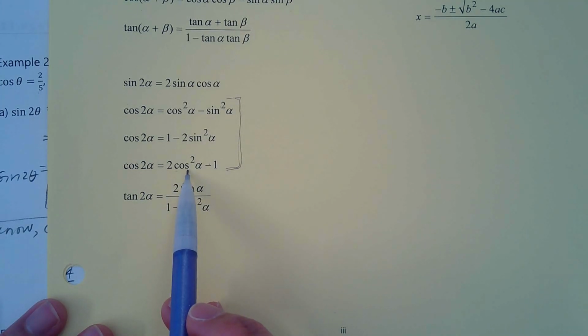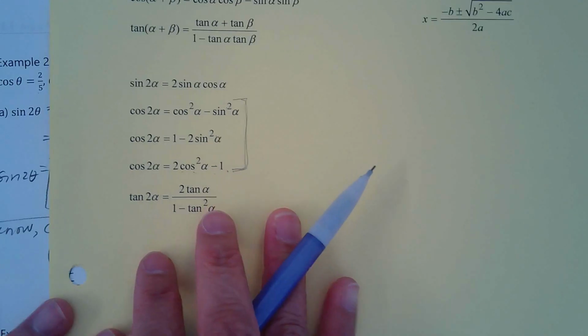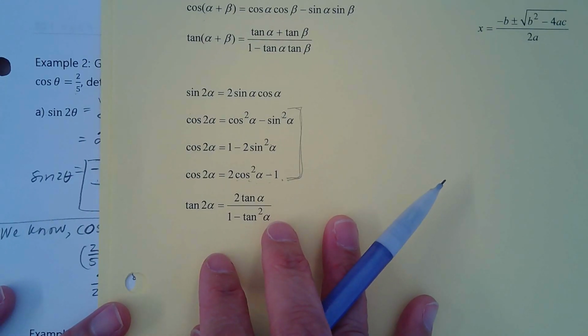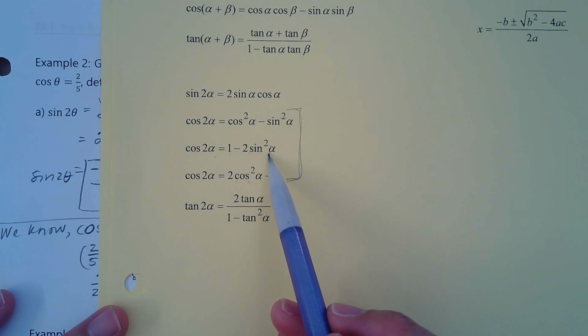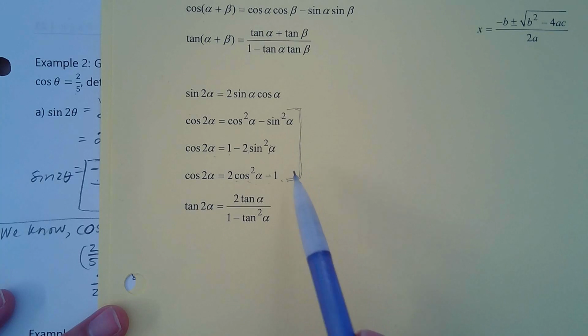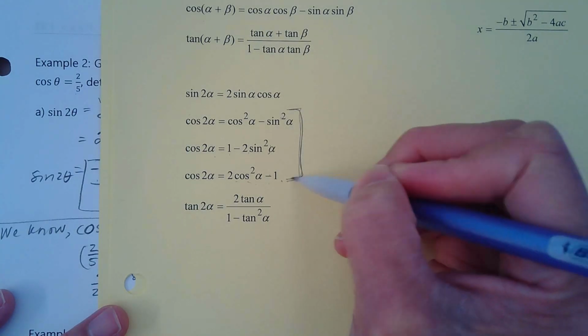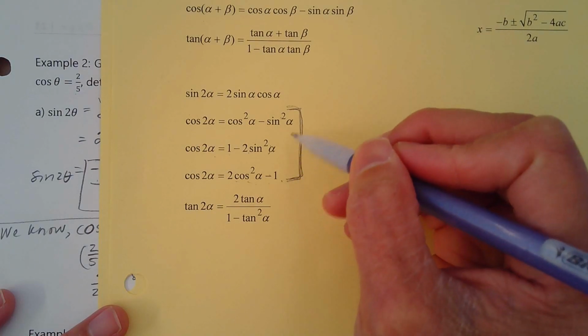This one? 2 cos squared of alpha minus 1? Yeah, we could use that one, right? Or 1 minus 2 sine squared. We could use that one too. Yeah. Why are there so many? There's different identities, different ways you can write that.